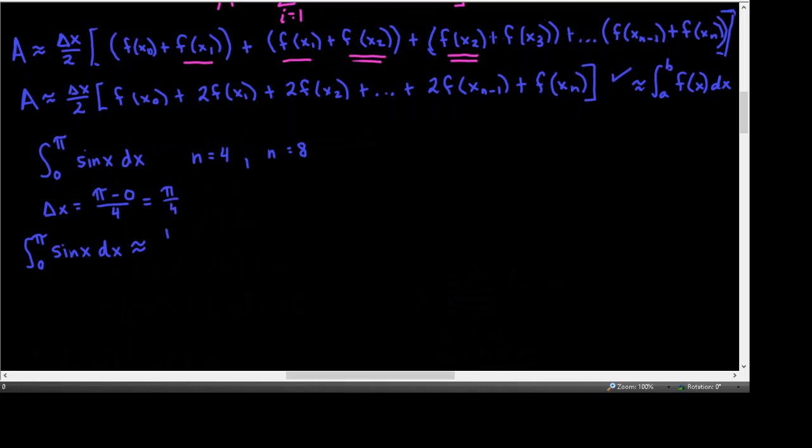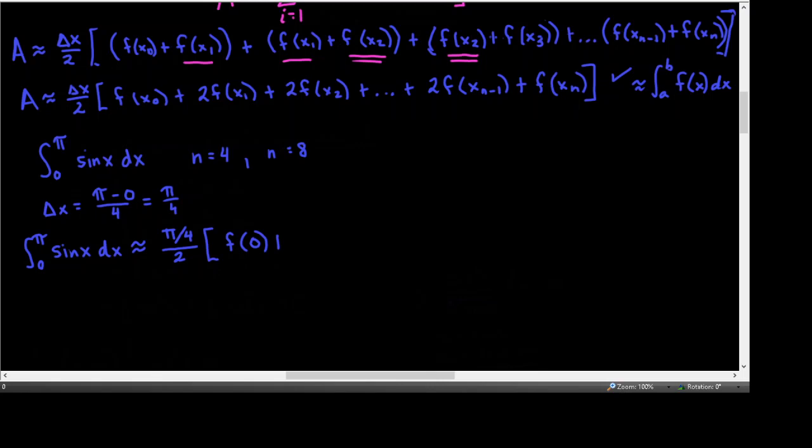That will be pi over 4, that's my delta x, divided by 2 times f of 0, the first x value is 0 because we're starting at a.